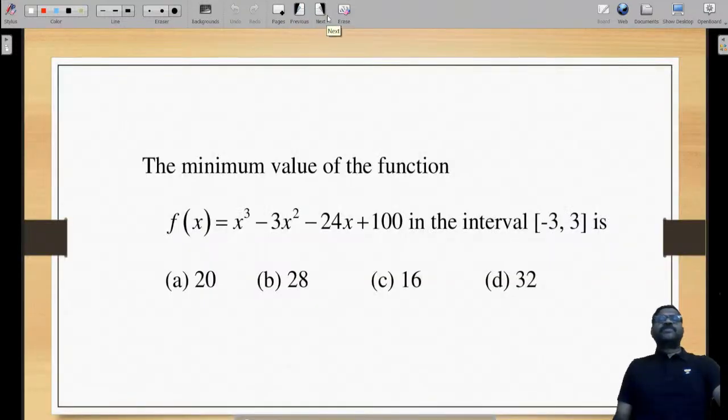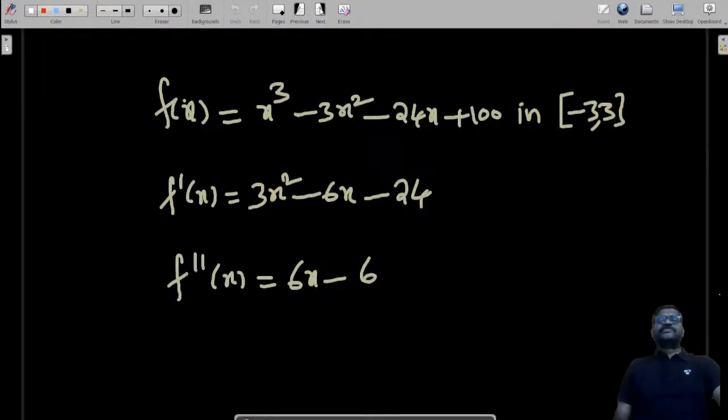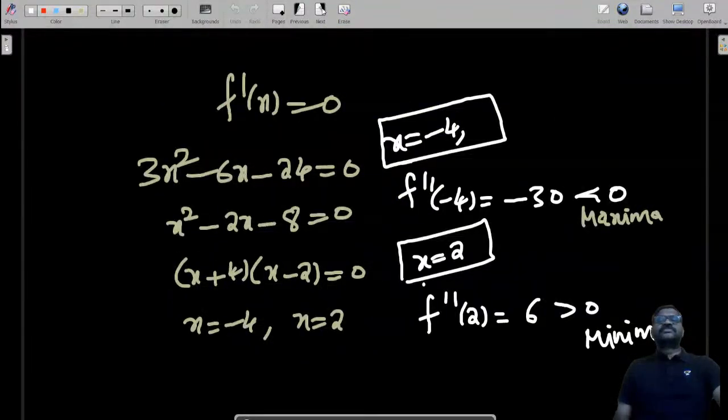Okay? Our problem is designed on minima. Here the roots: this is minus 4, this must be plus 2.